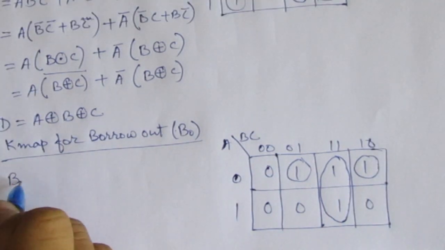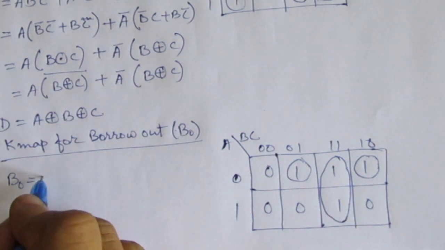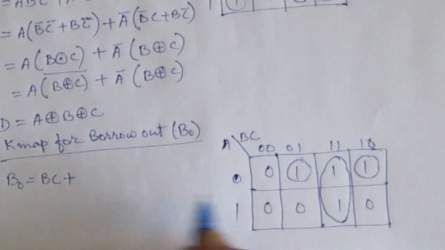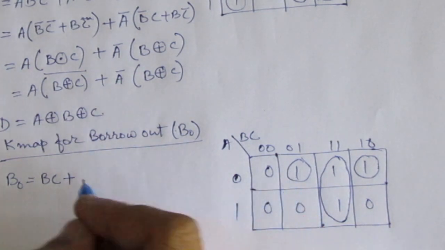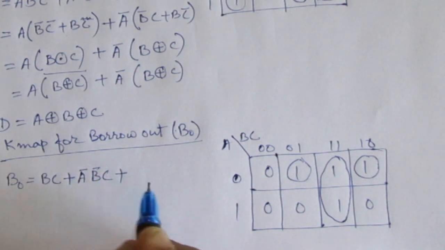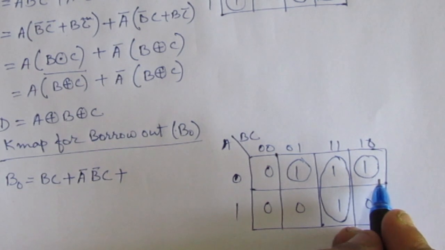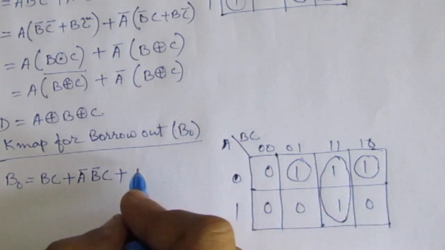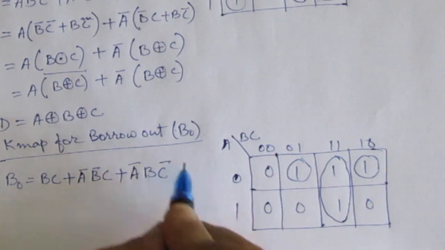So B out equals, for one group we get BC, plus for another A bar B bar C, plus for the last A bar B C bar.